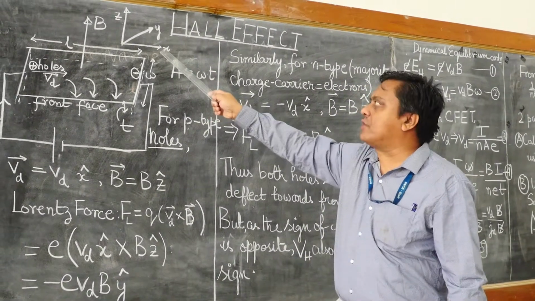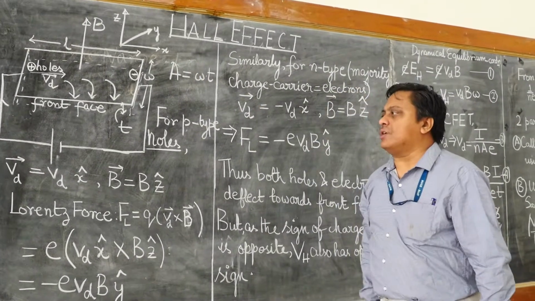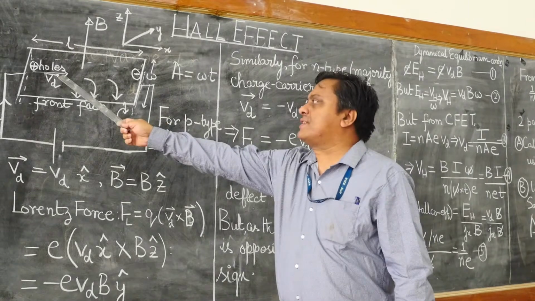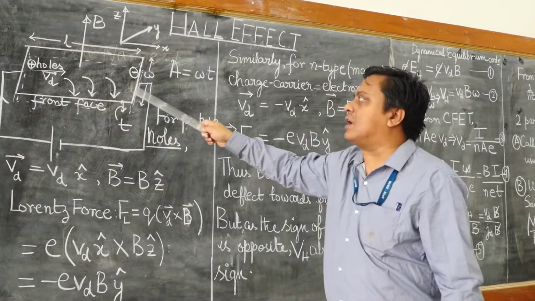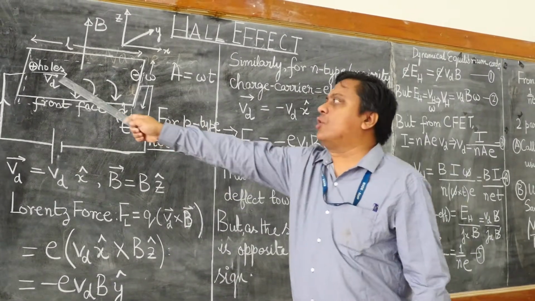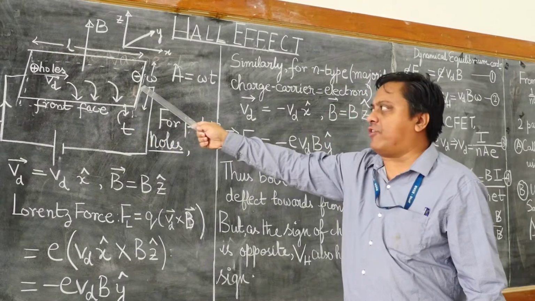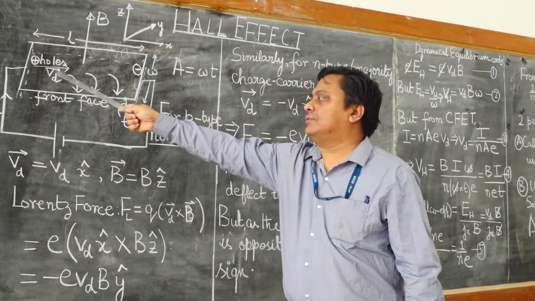Right-handed Cartesian coordinate system, x, y and z, and in this notation the velocity of the holes, suppose this is a p-type semiconductor, the majority charge carriers are holes, and the holes will be moving in the direction of the electric field, which is indicated by Vd vector over here.